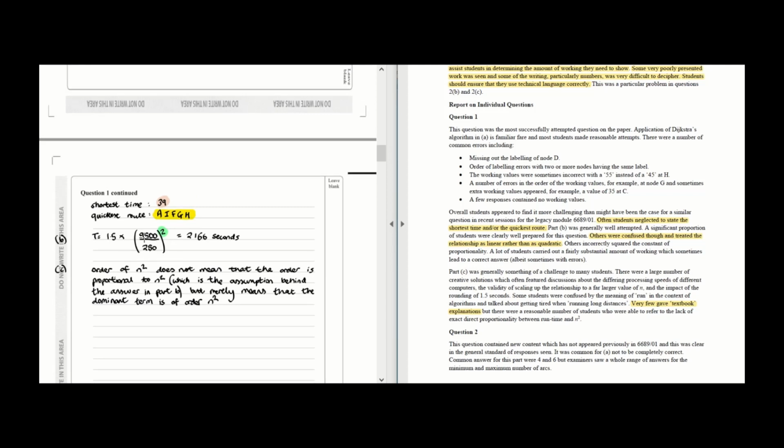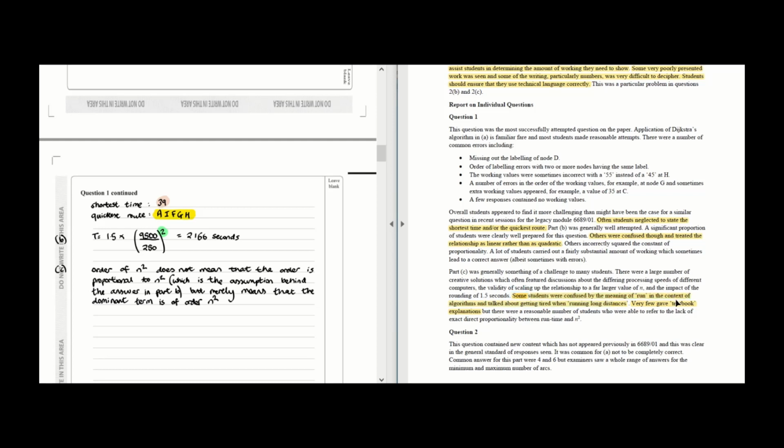Part C was something a bit more challenging. What's important over here, what stands out to me is that some students were confused by the meaning of run in the context of algorithms and talked about getting tired when running longer distances, and very few gave textbook explanations.